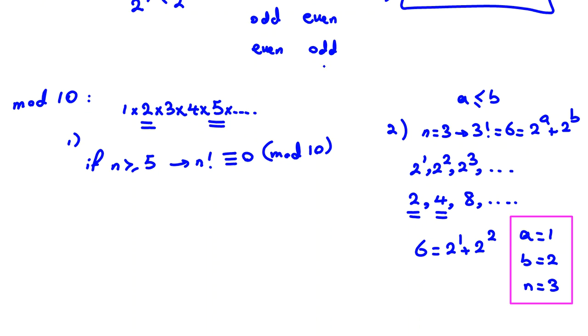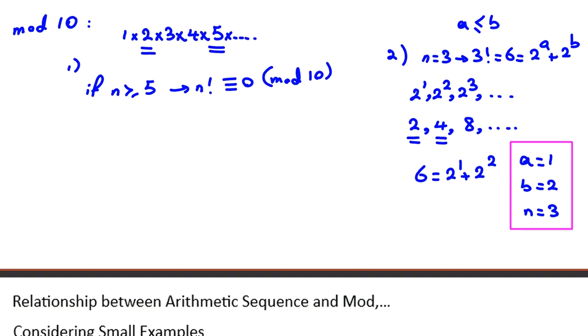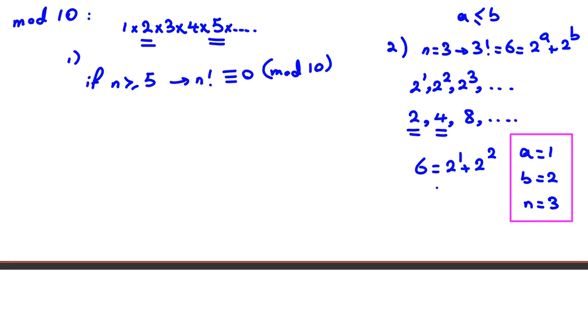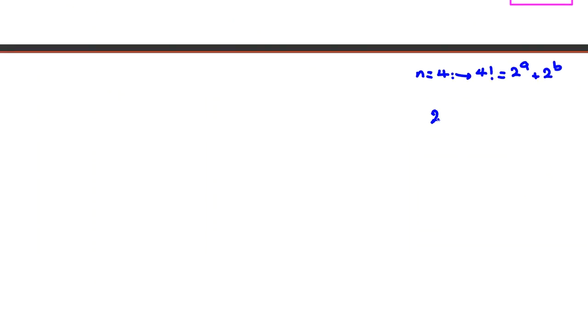Okay, now in the next case, let me add a new page. We should also check n equals 4. If n is 4, then 4 factorial is 24, equal to 2 to the a plus 2 to the b.